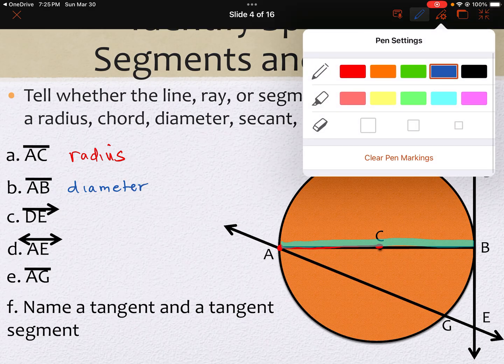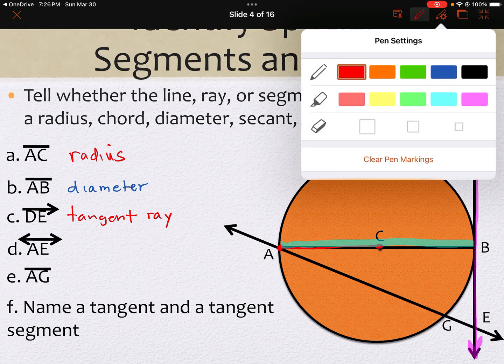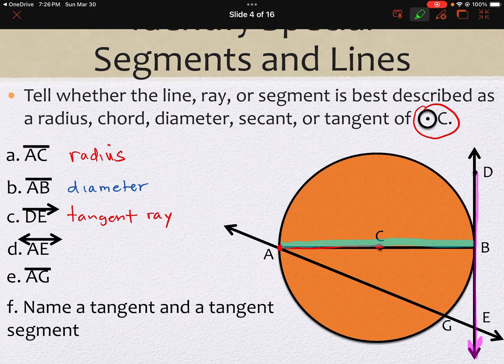Ray DE starts at point D, goes towards point E forever. That's a tangent. And we'll be specific since it's a ray. We'll say it's a tangent ray. Line AE. I'll use green.